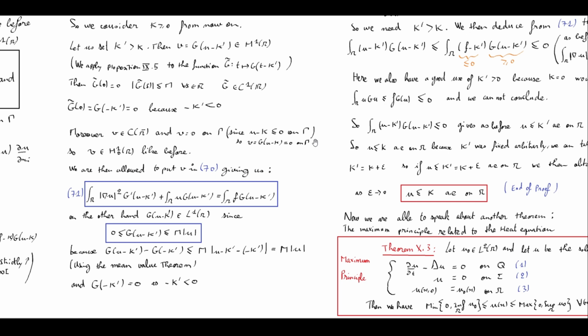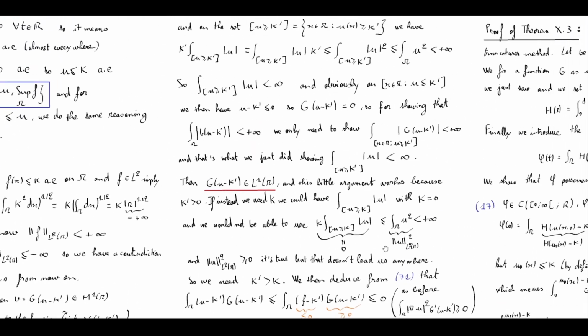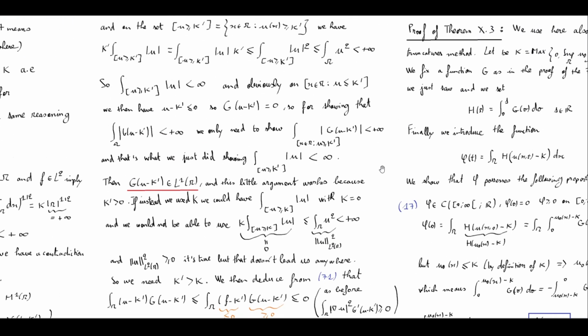And on the set where the x in omega are such that g of x is greater or equal to k prime, we have k prime times the integral on the set of the absolute value of u, which simply is equal to the integral of the absolute value of u times k prime on this particular set, and we end up having that it is smaller or equal to the L2 norm of u squared on omega, which is finite by hypothesis.